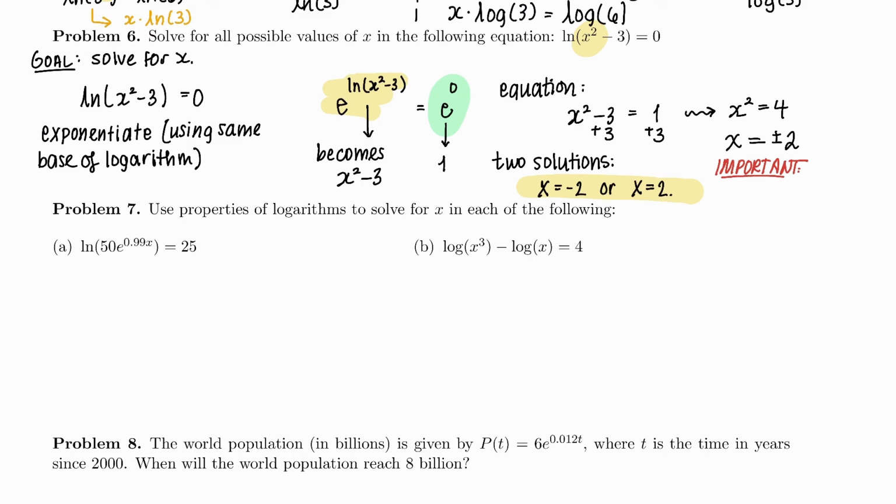So, for example, if this were just the natural log of x is equal to 0, I can't plug in a negative number here for x. In our particular situation, we can plug in x is equal to -2 because I'm squaring it. Okay? And we'll see more examples of that.